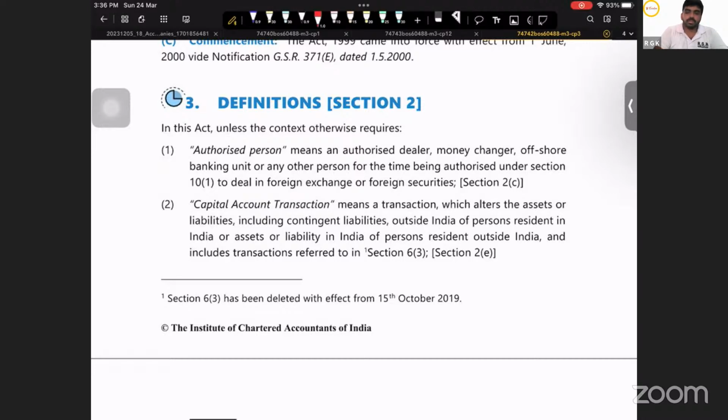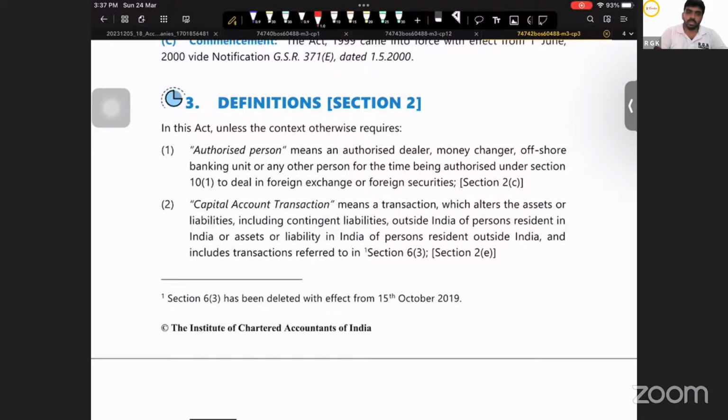Authorized person means a person who has been authorized for dealing in foreign exchange. Dealing in foreign exchange means selling and buying of foreign exchange. A person who has permission to deal in foreign exchange is called an authorized person. Who will get the authority?